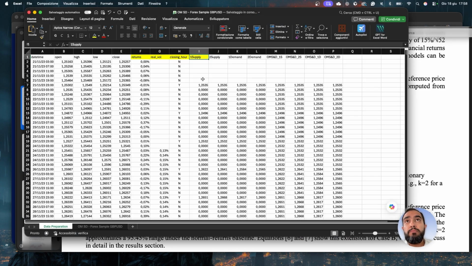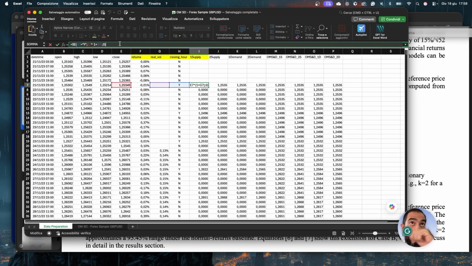In our case, then, we have the first supply. It is calculated if we have a closing hour, because I would just calculate this for the closing hours. So if the closing hour column is Y, is yes, then I take the price of that closing time times 1 plus that realized volatility.